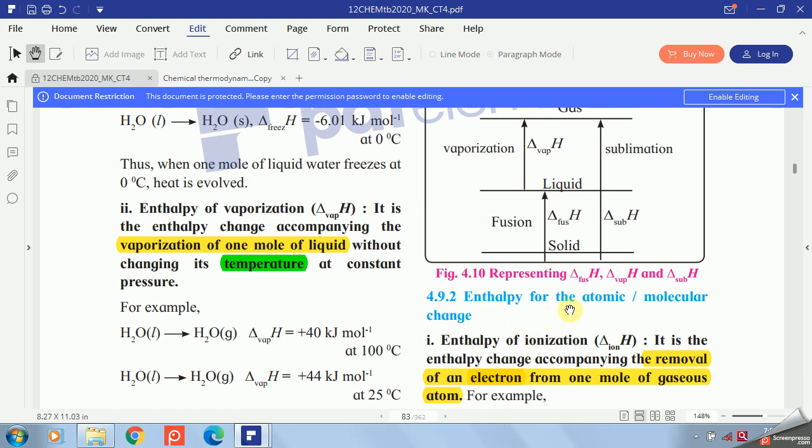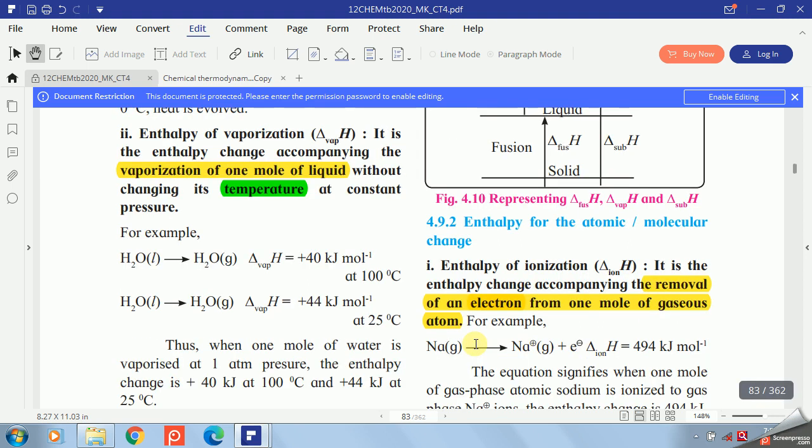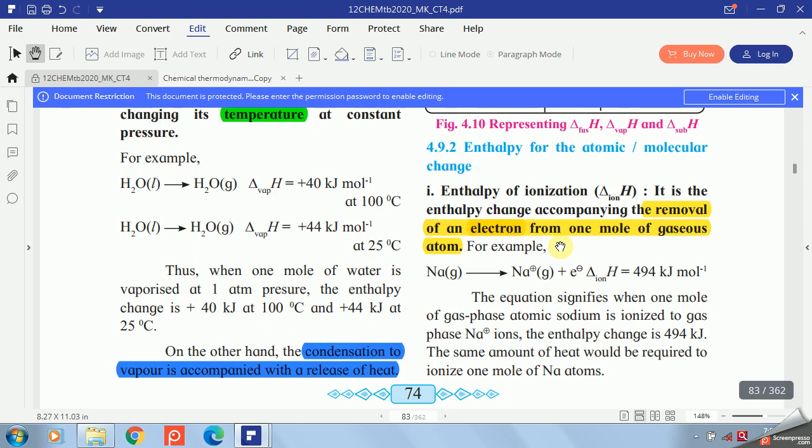Now next one is enthalpy for atomic or molecular change. Here we consider the enthalpies related to different processes. Consider the first, that is ionization. It is the enthalpy change accompanying the removal of an electron from one mole of gaseous atom.